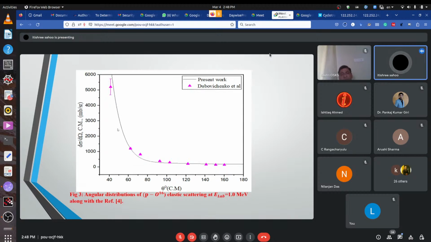And the third is the angular distribution curve for the proton oxygen system, the graph between the differential cross section and the angle. There is some deviation, but it almost agrees with the experimental data. Here we calculated for S wave only, and we can calculate similarly for the P wave or L equal to 0, 1, 2, 3 and so on. Thank you.